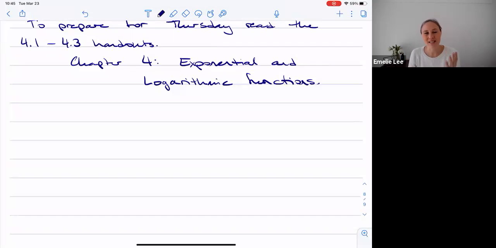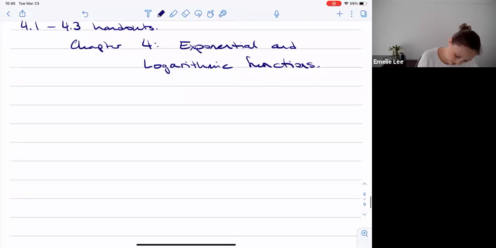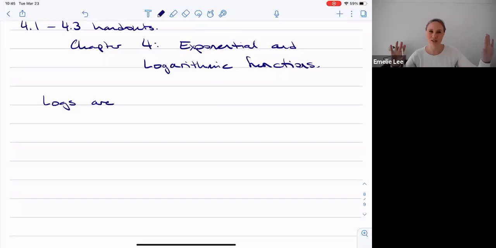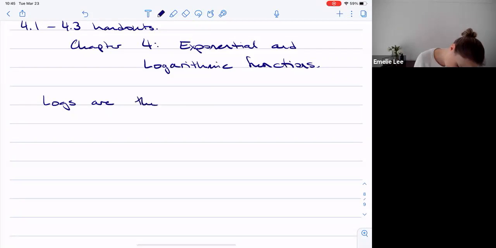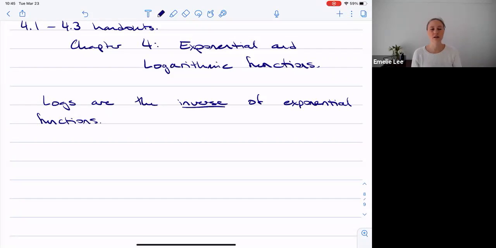And then what's kind of nice is we've already talked about the inverse of a function. Okay, so logs are the inverse of exponential functions. And so that's what I need you to keep in mind, is that they're definitely related, and to undo one, you need the other. Logs are the inverse of exponential functions. So it's good because we've already talked about inverses, right?